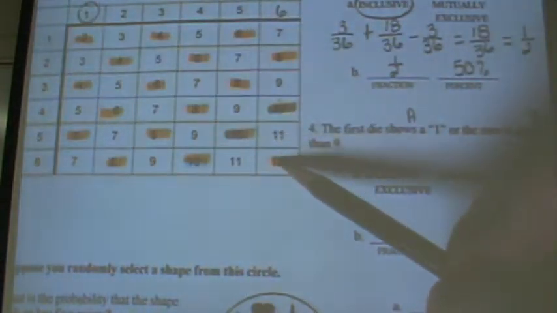Or, if we're looking at the sums, 1 will occur 6 different times out of our total of 36 times, because you can have a 1 with this one, a 1 with the 2, a 1 with the 3, and so on. So you would get 6 out of 36, which reduces down to 1 out of 6. So you can use either one.